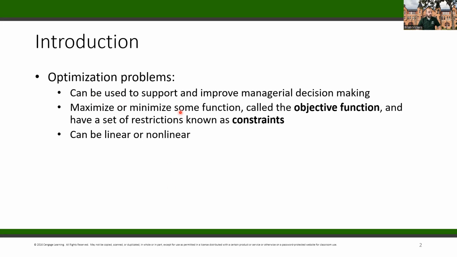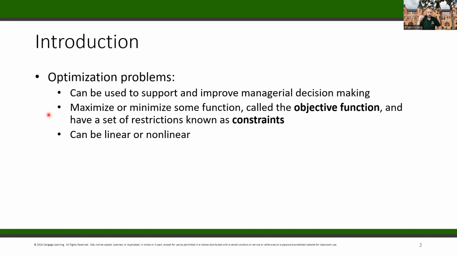So optimization problems are used to support managerial decisions. These help us make better decisions through advanced mathematics that take place on a simple spreadsheet like Excel. They are always going to be looking to maximize or minimize some function.